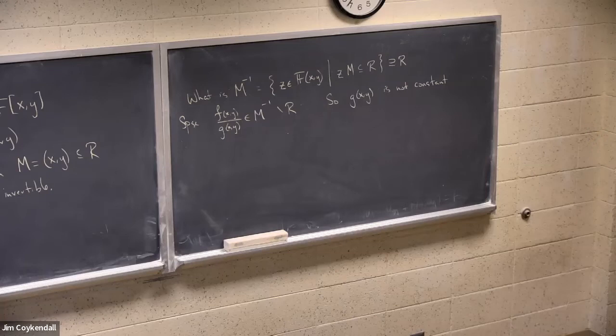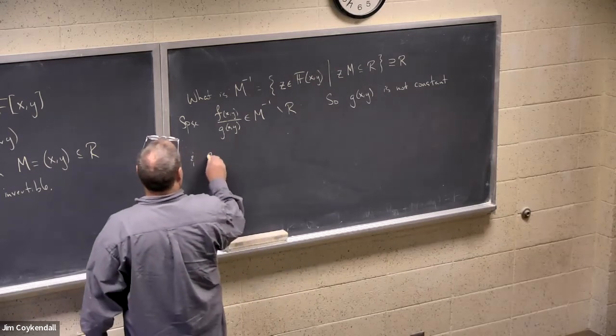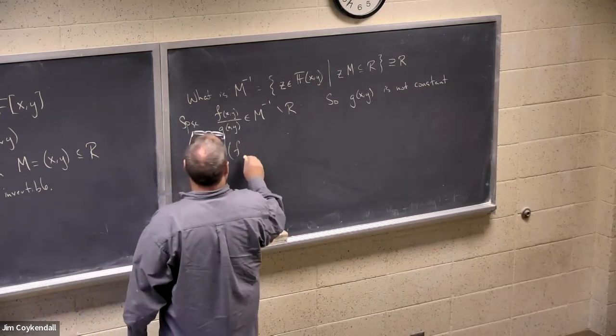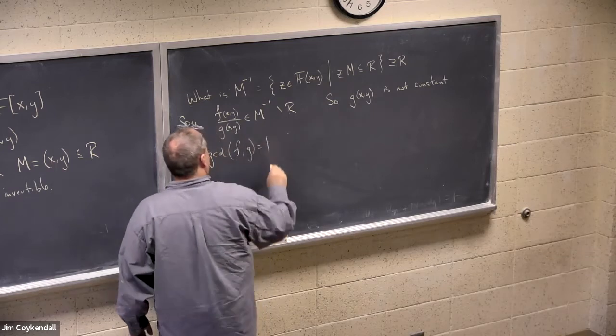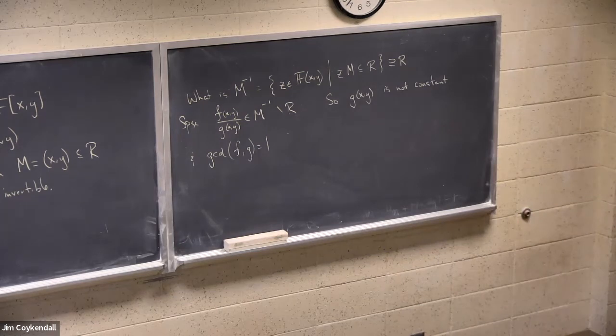It's probably the greatest assumption I can make in the circumstances. Let's assume the fraction is in lowest terms, that f and g have greatest common divisor 1. By the way, let me be again super careful: how is it that I can make that assumption? What do I know about R that allows me to do that?